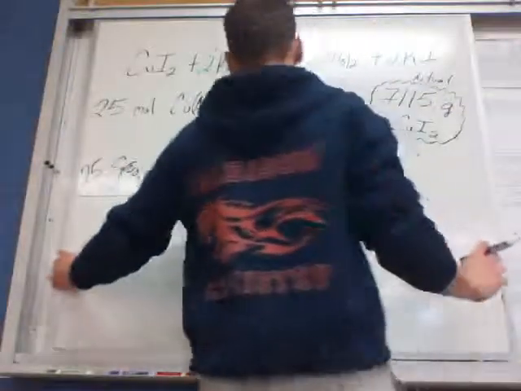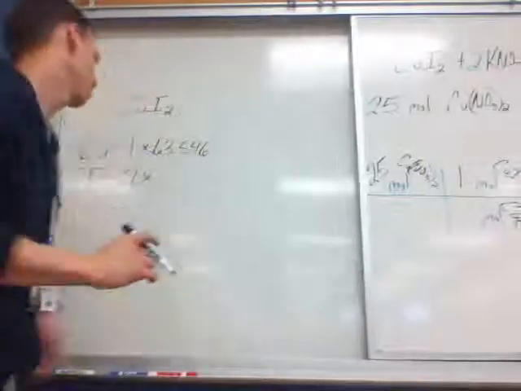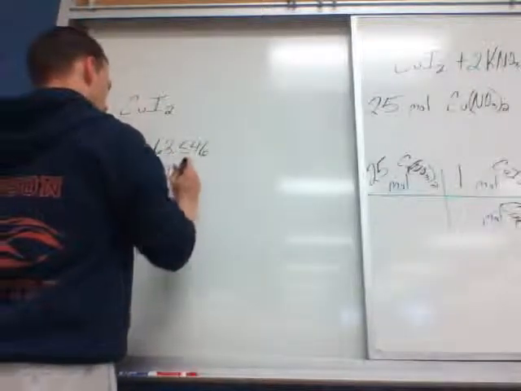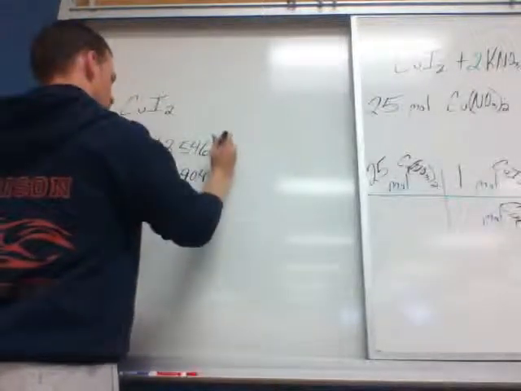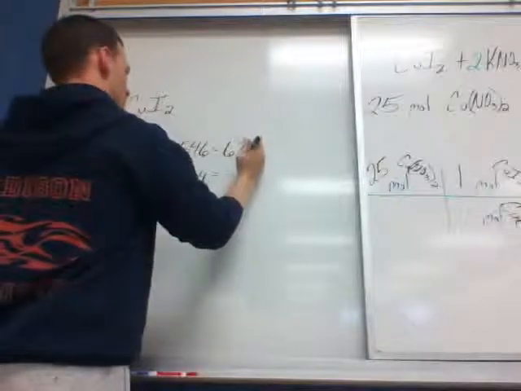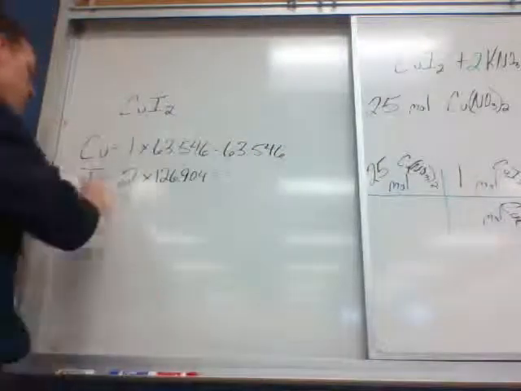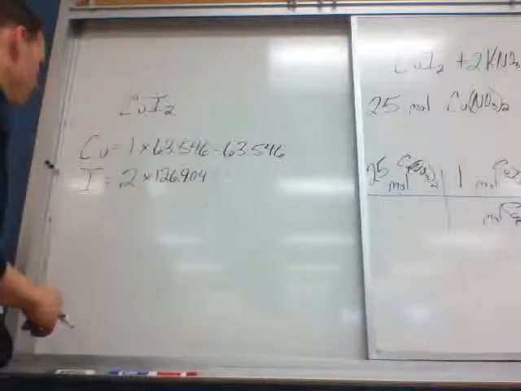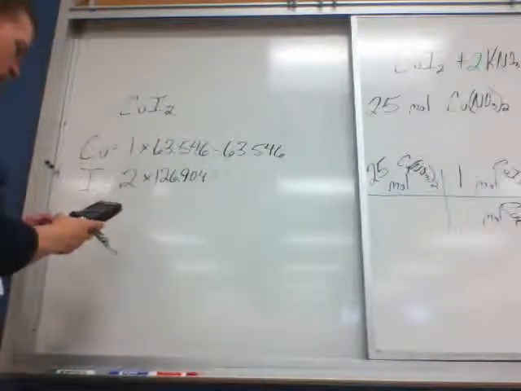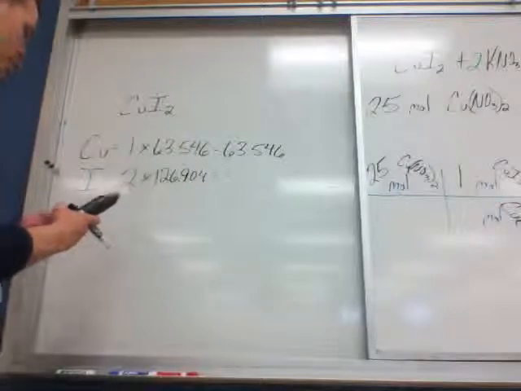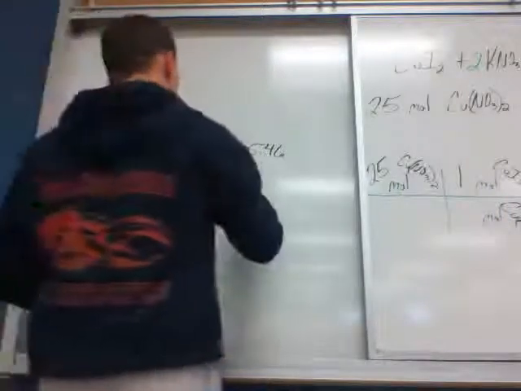Iodine has a listed mass of 126.904. My 1 copper will keep the same molar mass, but my 2 iodines come out to 253.808.